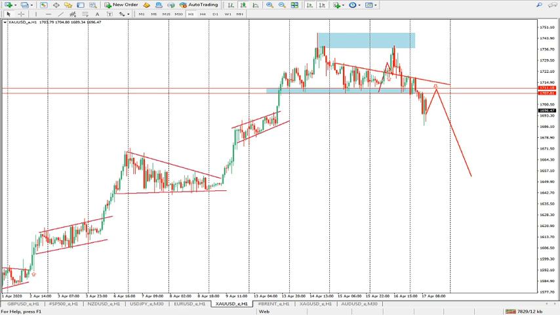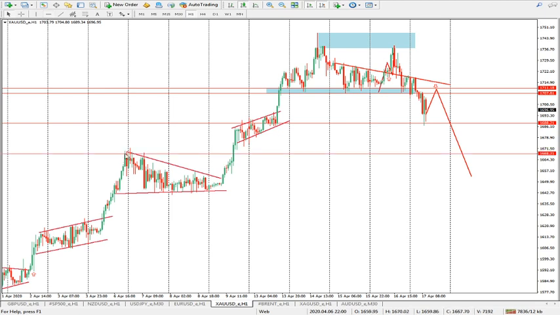So with that sell position, expect a continuation up to this point here, then another continuation up to this level, and then another continuation up to this point here. So if you pick a sell there, your first take profit needs to be here, 1688.21, then 1668.31, and the last take profit should be at 1644.03.